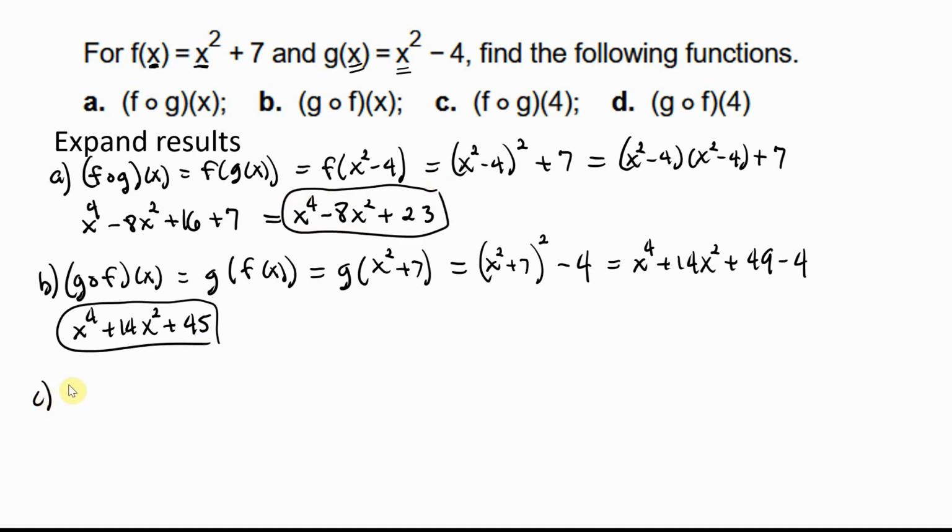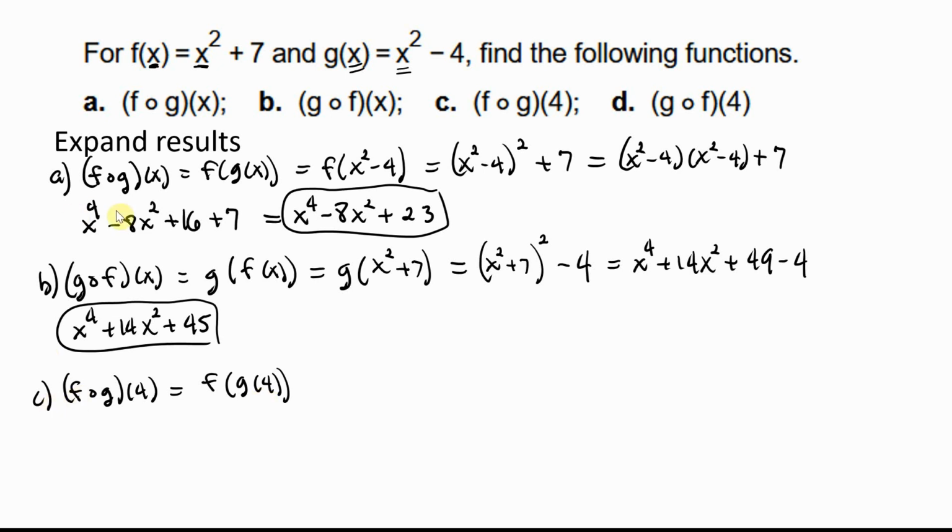Part C, f composed with g evaluated at 4. So this is f of g of 4. Now there are a couple of ways of getting that, and please don't let me complicate things by showing you the first method of getting the actual evaluation of the point.